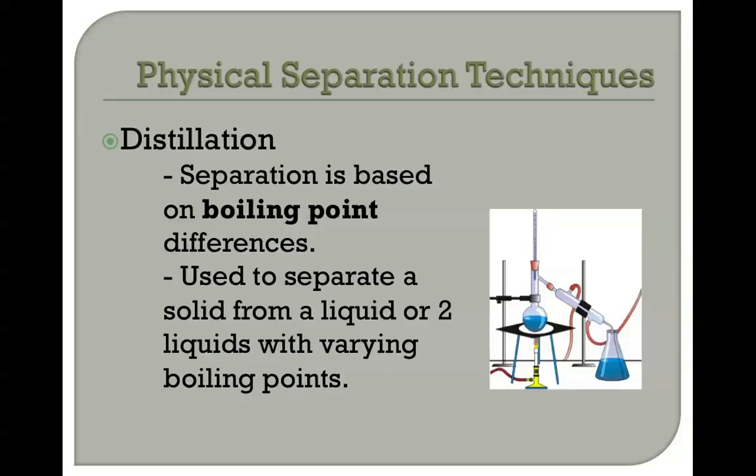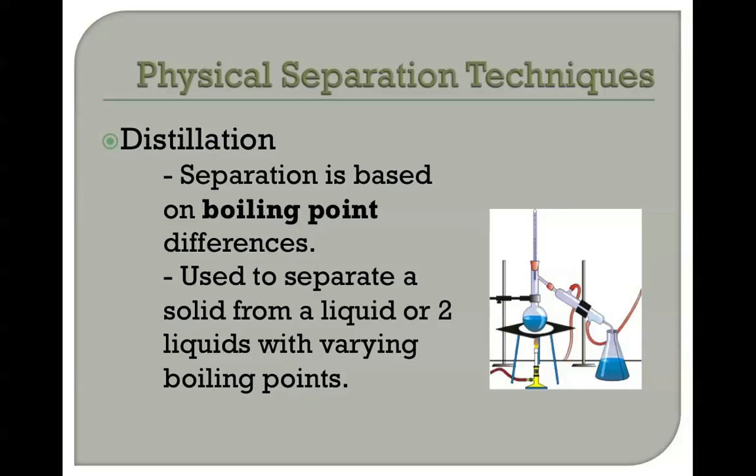We also have distillation. A key word or phrase for distillation is boiling point. This is a separation based solely on boiling point. It's often a way to separate two liquids that have different boiling points. So we heat it up, we evaporate out the first liquid that has the lower boiling point and separate it, and then we're left with the liquid with the higher boiling point that remained.